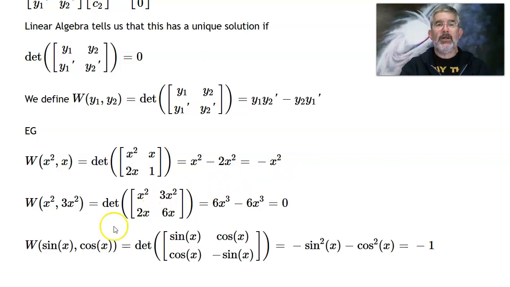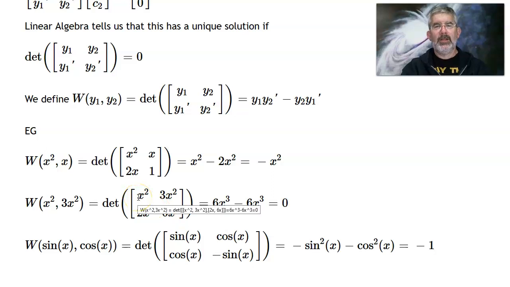On the other hand, here's one where clearly I've taken x squared and 3x squared, so clearly I'm doing a scalar multiple of one to get the other. I'm multiplying x squared times 3 to get the other function, so clearly these are dependent. Notice what happens when I take the Wronskian of these things. So x squared and 3x squared, take the derivatives, 2x, 6x.